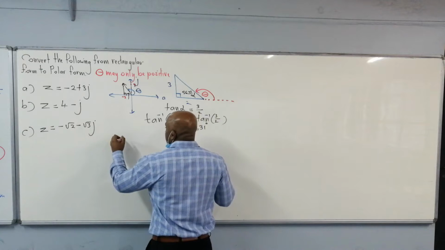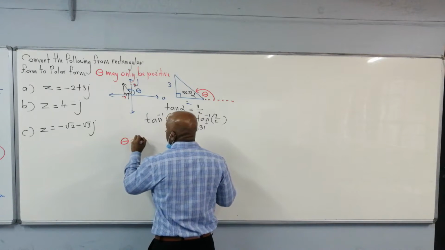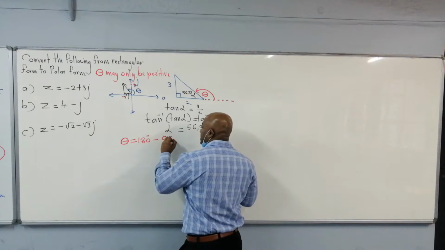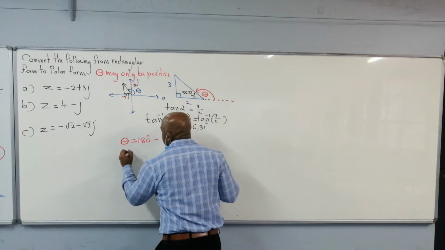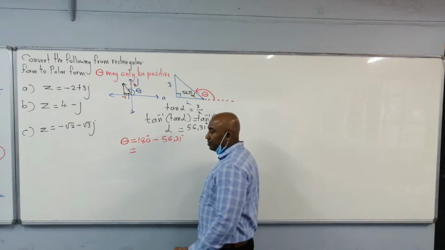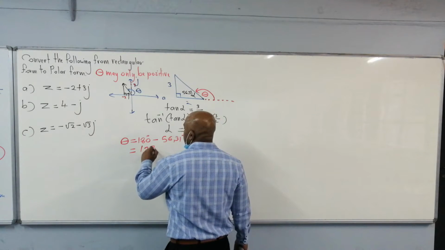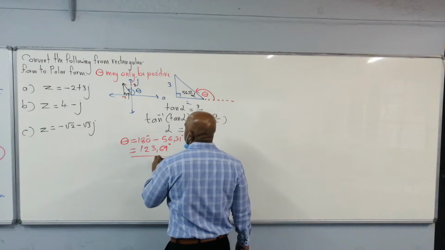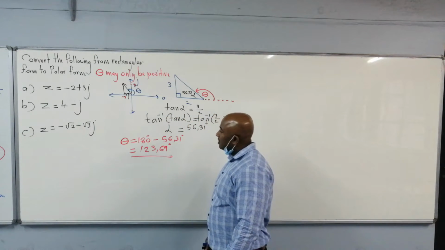So theta is equal to 180 minus 56,31 degrees, which is equal to 123,69 degrees. Alright.